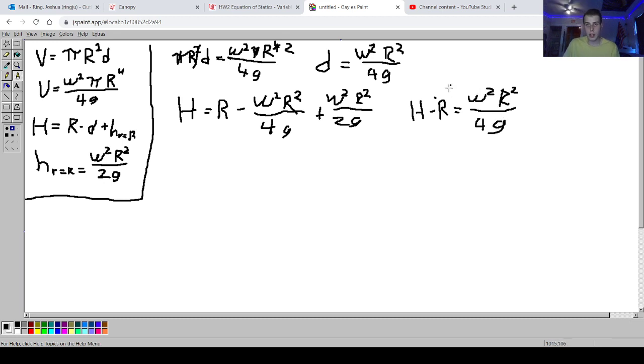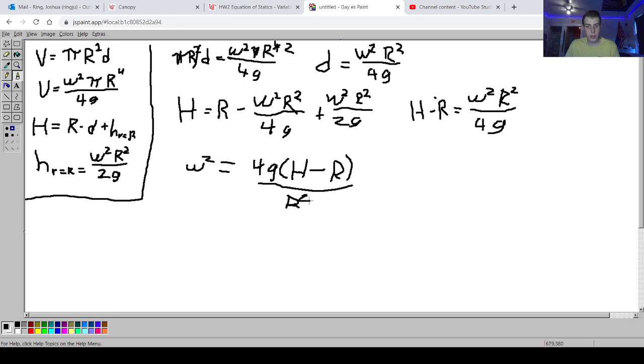And now from here, since we are trying to solve for the angular frequency, we're just going to do a little bit of rearranging. So we will get omega squared is equal to, I'll have to multiply the 4g's of the h minus r, so 4g times h minus r, and all of this is going to be over r squared.